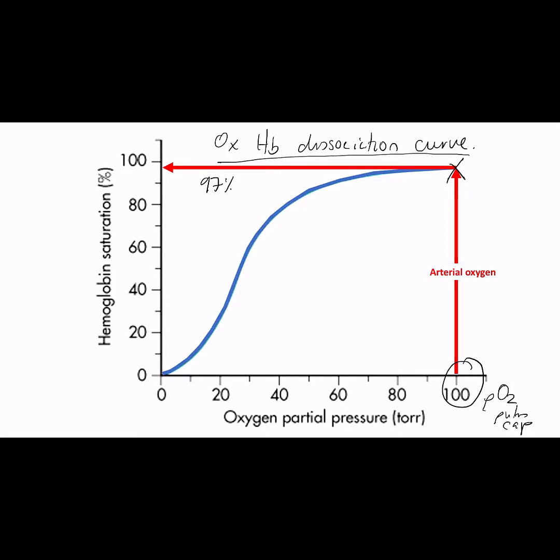So at a partial pressure of oxygen of 100 millimeters of mercury in the pulmonary capillaries, 97% of the haemoglobin, of the 140 grams per litre that's normally there, is saturated with oxygen. And remember, a fully saturated haemoglobin molecule can carry 1.39 mL of oxygen per gram of haemoglobin. That's when it's 100% saturated.